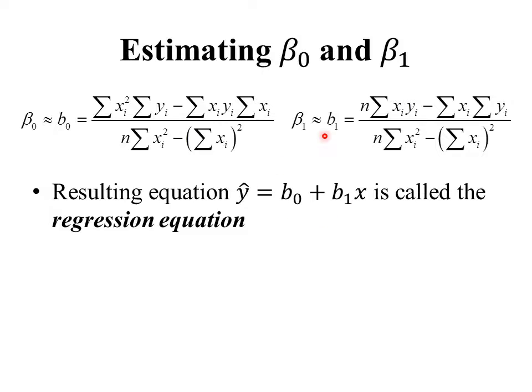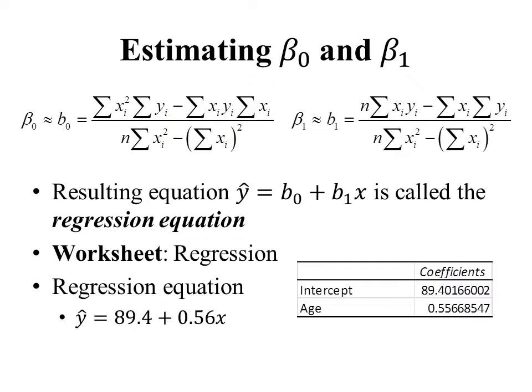And then when we calculate B naught and B1, we're going to put those into an equation like this that we call the regression equation. And so the regression equation has this general form: y hat equals B naught plus B1 times x. We'll talk about the significance of the hat here in a minute.